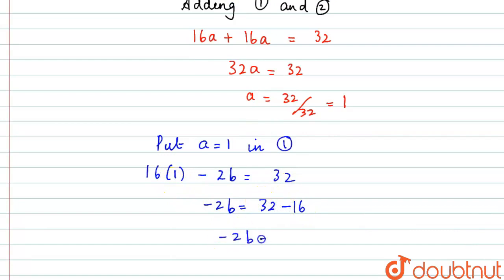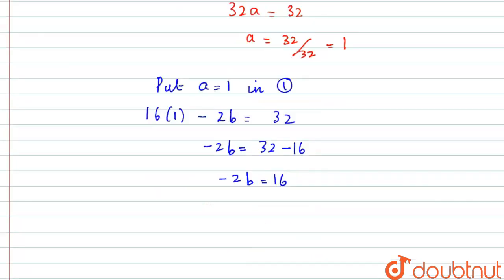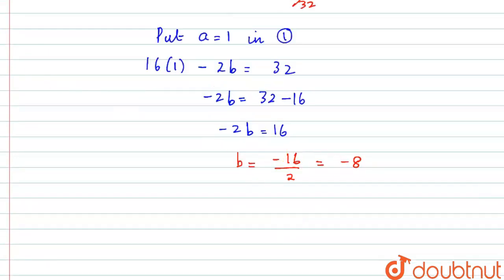So minus 2b will be equal to 16. So b will be equal to minus 16 by 2, which is equal to minus 8. So we have got the values of a and b. Therefore, we can conclude that the values are a equal to 1 and b equal to minus 8.